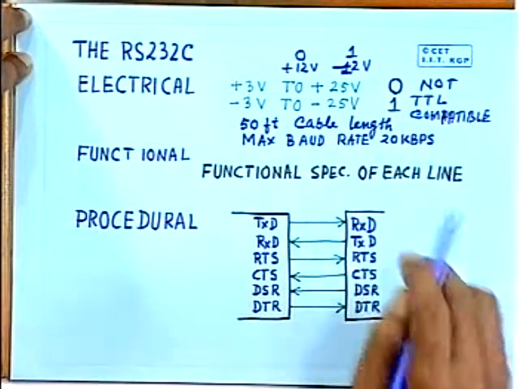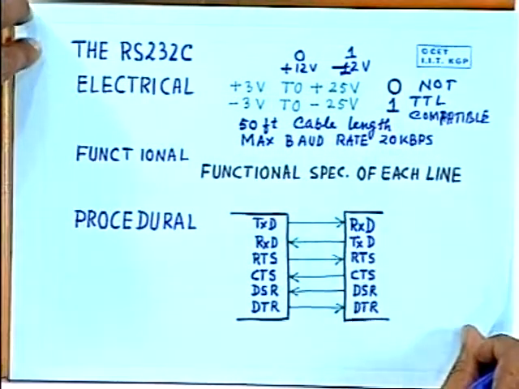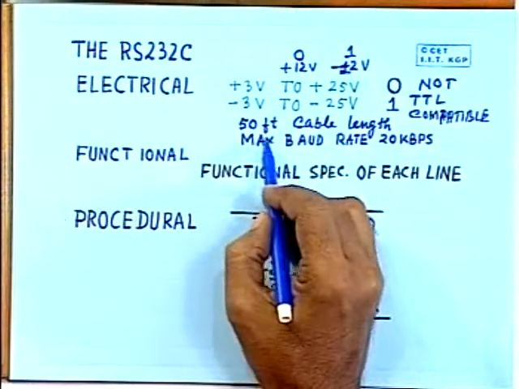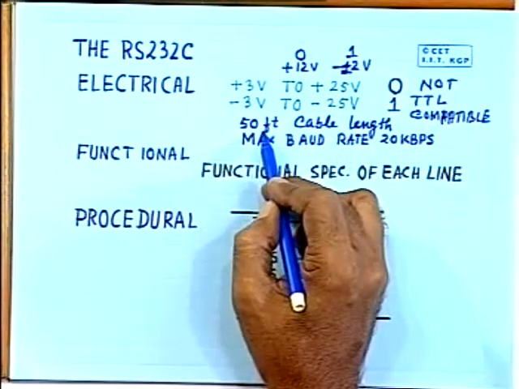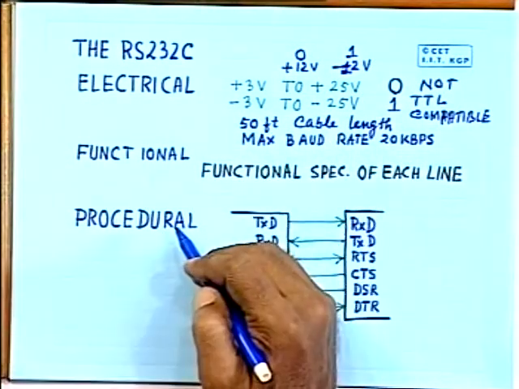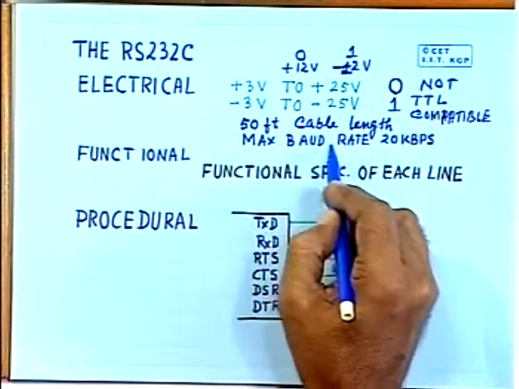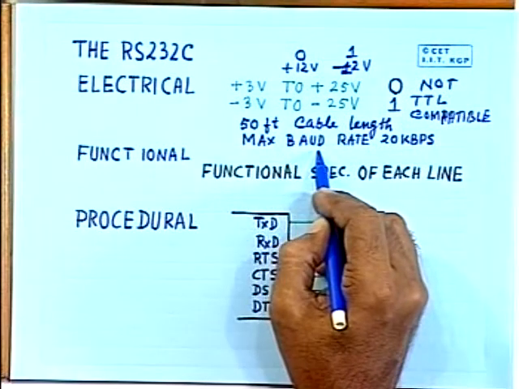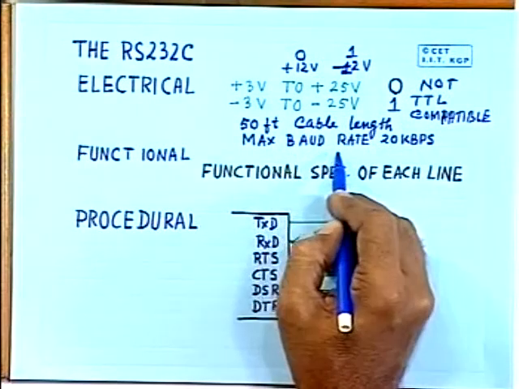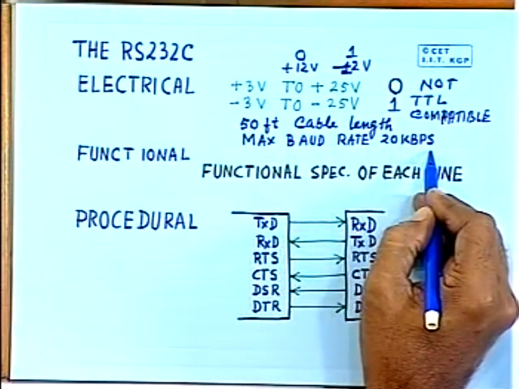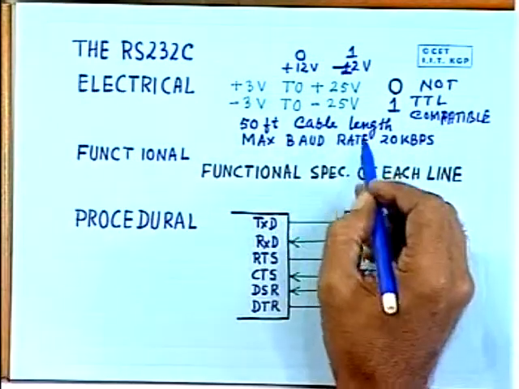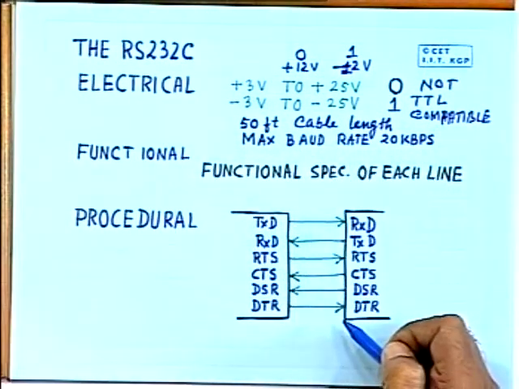So you have to use some extra device to make it TTL compatible. And the maximum cable length that can be used is 50 feet. Maximum baud rate, you see here I am specifying baud rate, not data rate or bit rate. Baud rate is 20 kilobits per second. So for RS-232 this is the electrical specification.